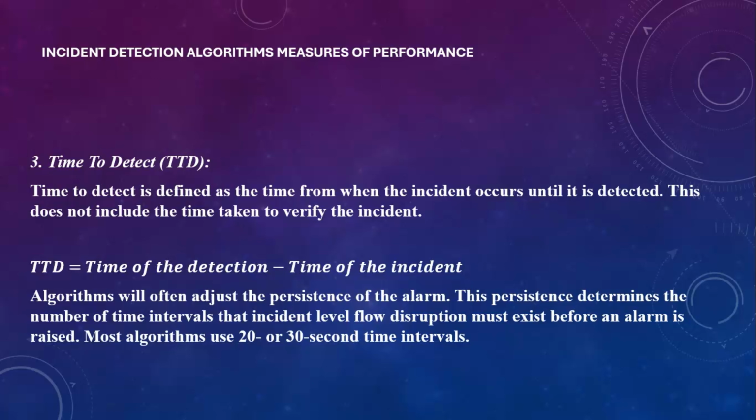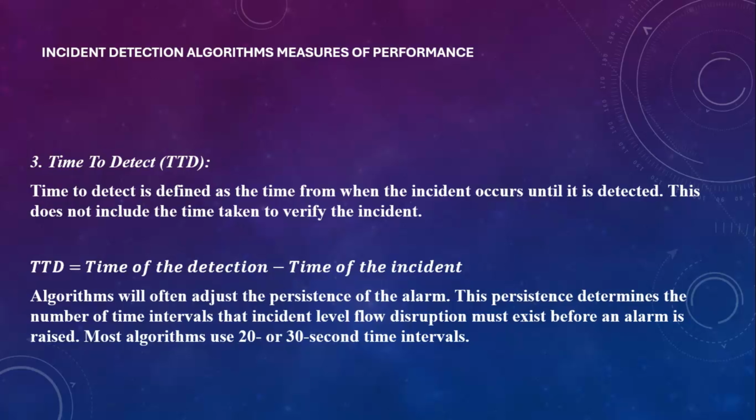happens. And you can see here, algorithms will often adjust the persistence of the alarm. This persistence determines the number of time intervals that the incident-level flow disruptions must exist before an alarm is raised. Since most algorithms use a 20 to 30 second time interval for this, it is typically measured in seconds and it reflects the responsiveness of the detection system.